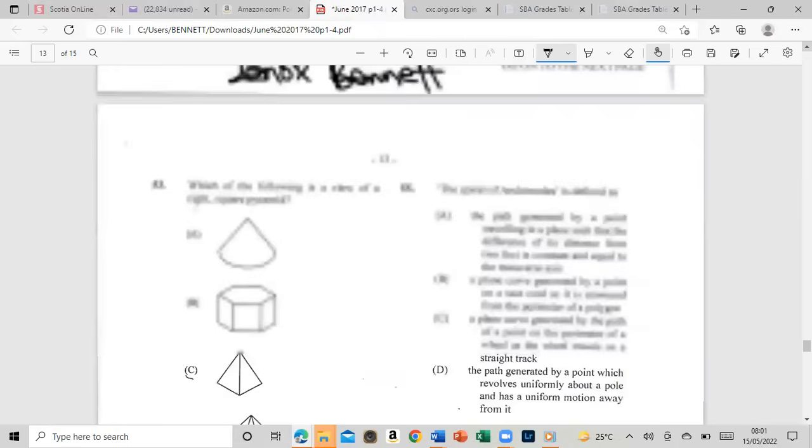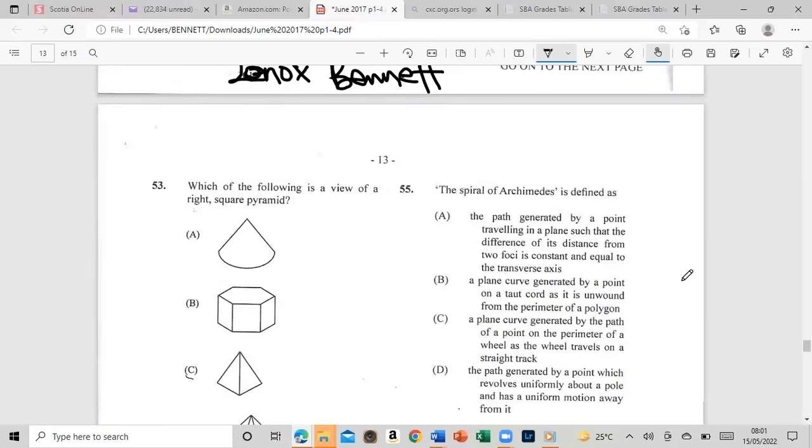All right, so let's move on to 55. The spiral is defined as, is it A, a path generated by a point traveling in a plane such that the difference of its distances to two foci is constant and equal to the transverse axis? B, a plane curve generated by a point on a taut chord as it is unwound from the perimeter of a polygon?